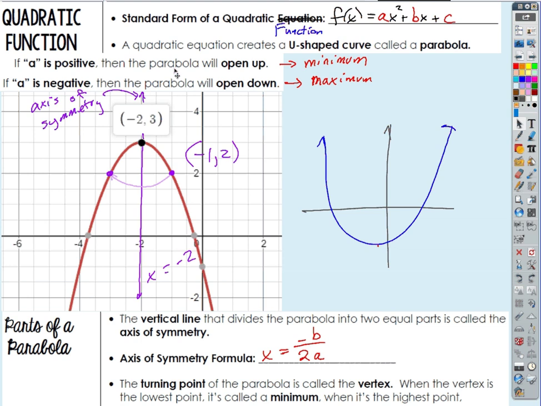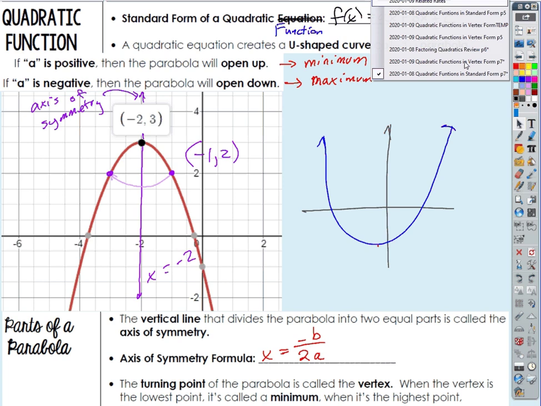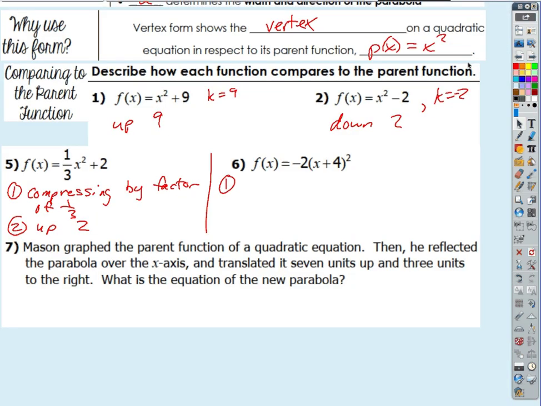So just like before, A, if it's positive, it's up. If it's negative, it gets flipped. Okay, so then A is doing two things. The fact that A is -2 means it's being flipped and stretched by a factor of 2.